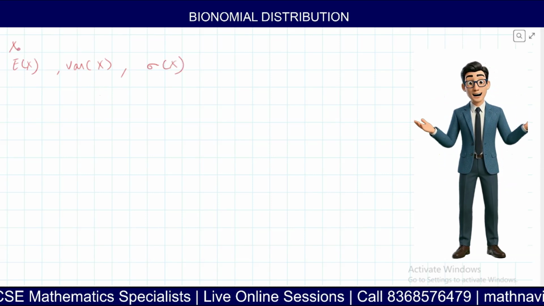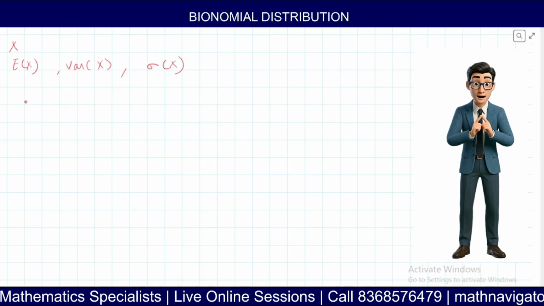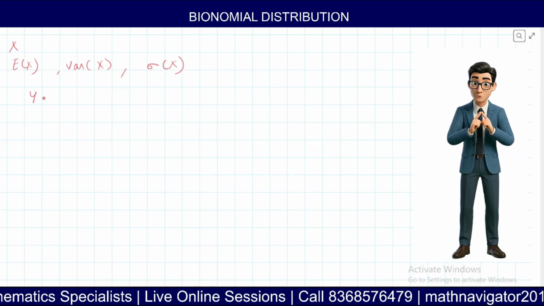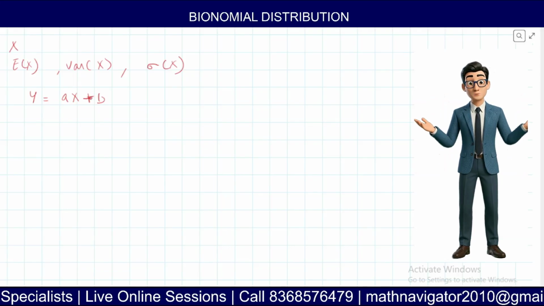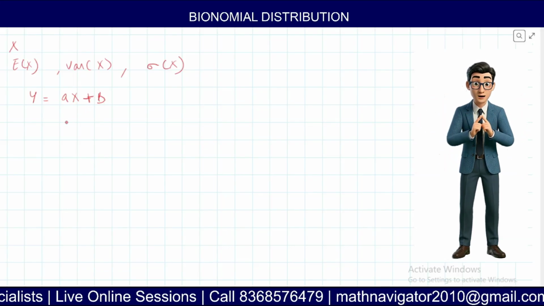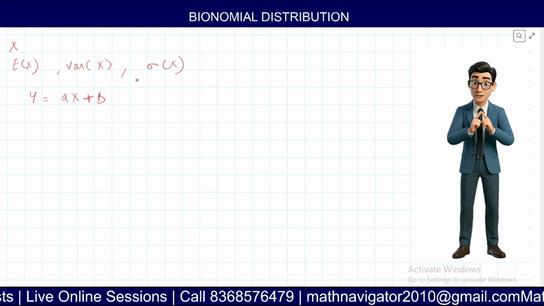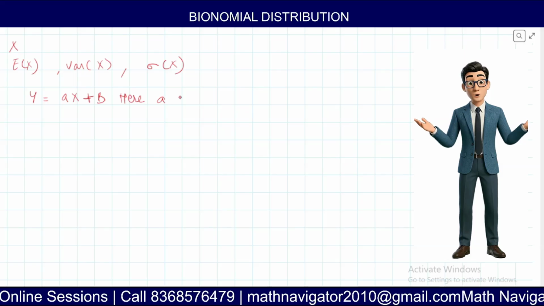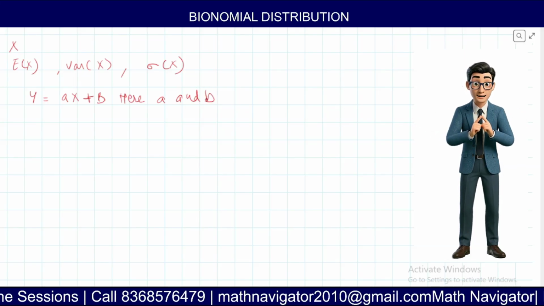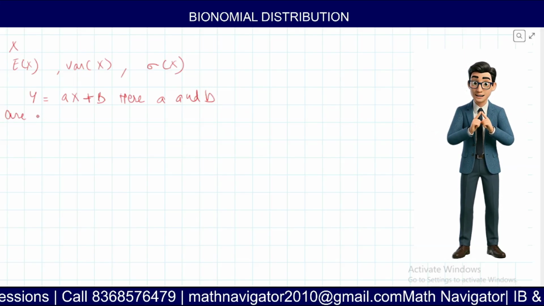Now, let's define a new discrete random variable y, which is equal to ax plus b, where a and b are constants, clear?